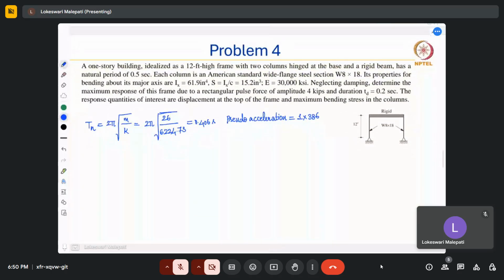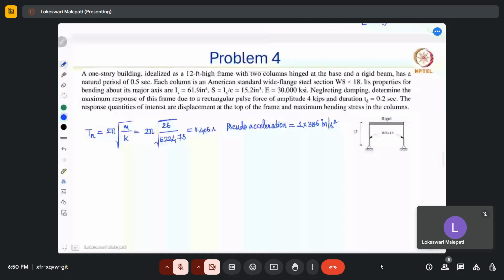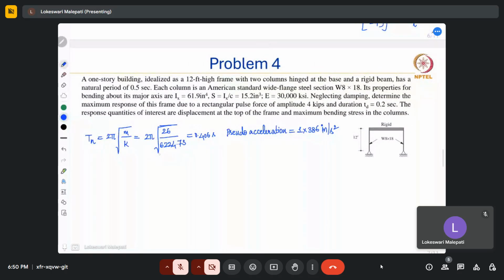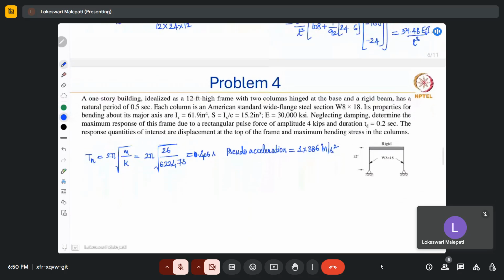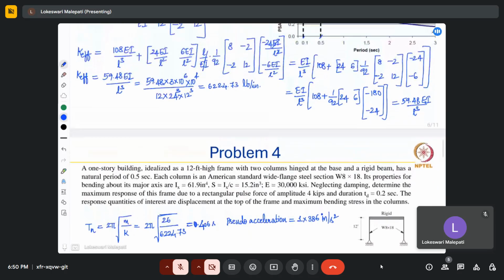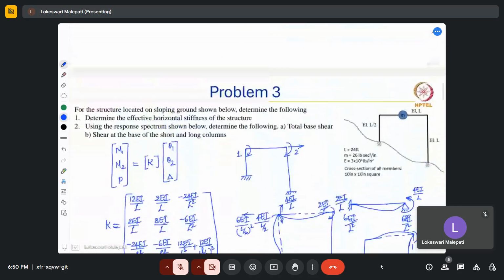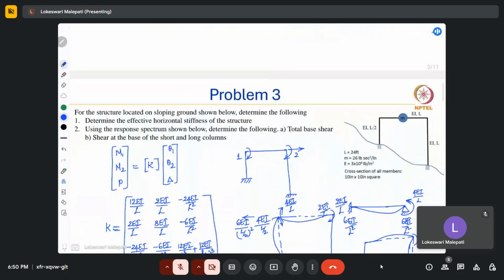So now we have inch per second square. So we know the pseudo acceleration, and it has got two parts.